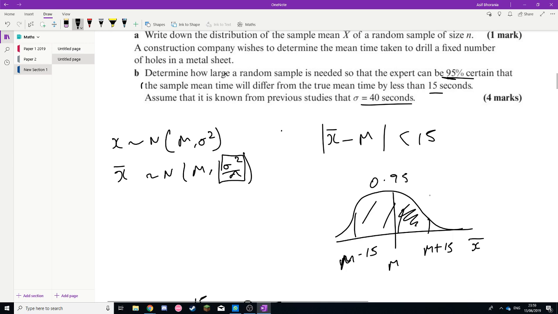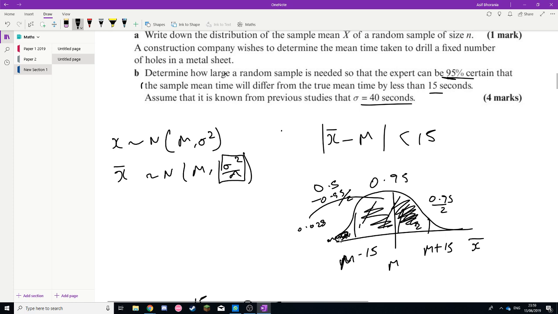So this area is 0.95 over 2. This is 0.5 minus 0.95 over 2, which is 0.25.